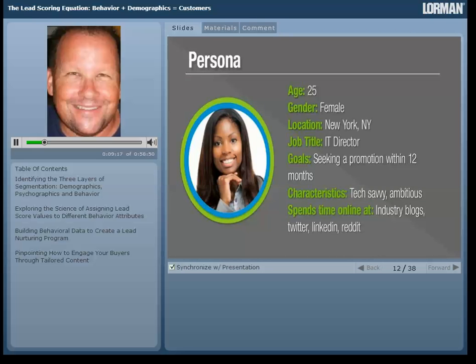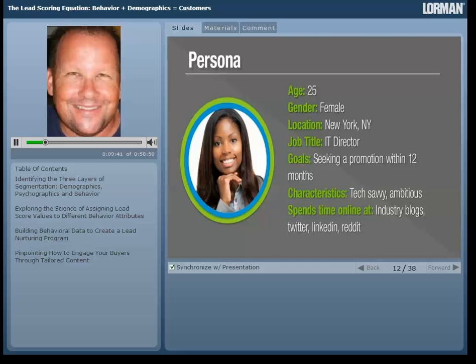And this is what a persona might actually look like. So back to that user profile, we've added that second layer of data now. And there's a bit more context around who this person is. She's an IT director. She is seeking a promotion within the next 12 months. It's very common for this type of person in this persona to be upward moving and to be ambitious.